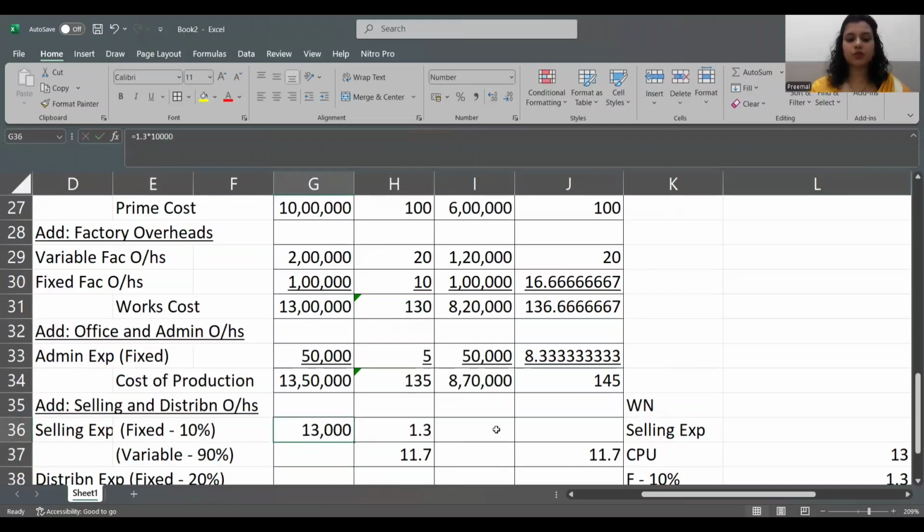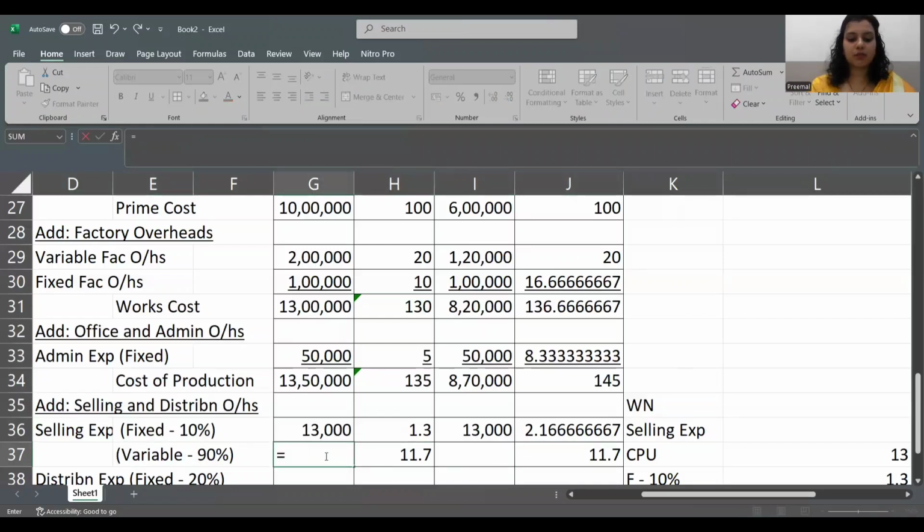Now this amount will remain the same even in the next column at 6,000 units. To find out the cost per unit, you take the amount and divide by 6,000 units. So this will be my cost per unit. Whereas for variable portion, I have found out the cost per unit, which remains the same in both columns.